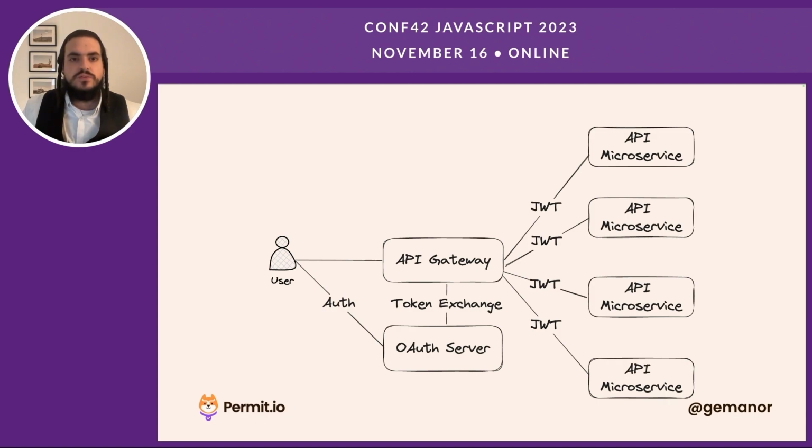This is a format of token that works especially well on the web and can be verified without calling the authentication server. So in the architecture we see here, the user authenticates against the OAuth server, and then each API microservice or application can verify their authentication.